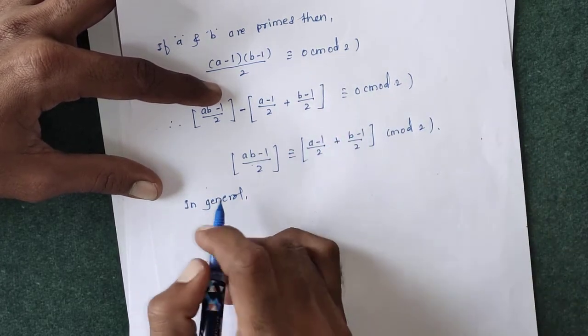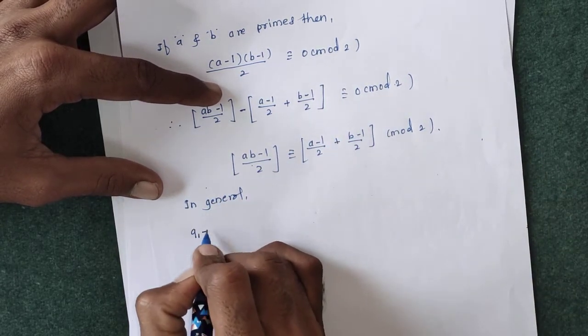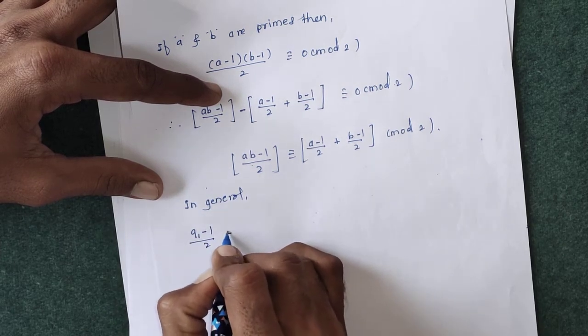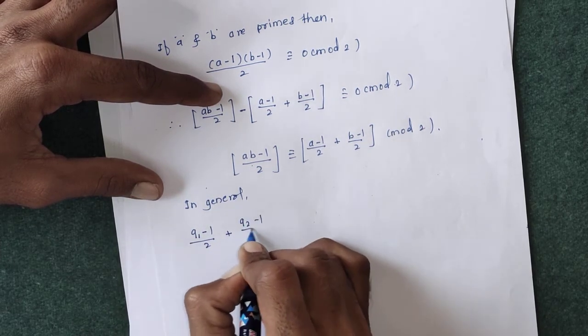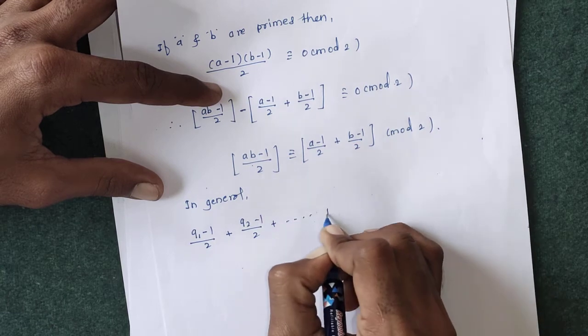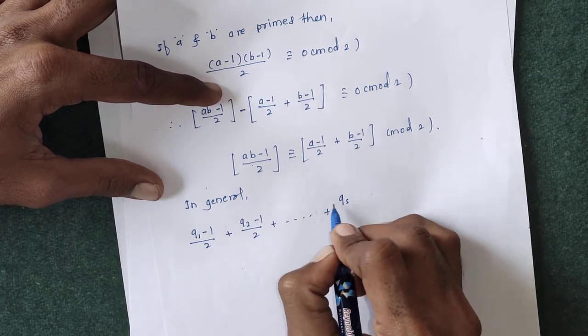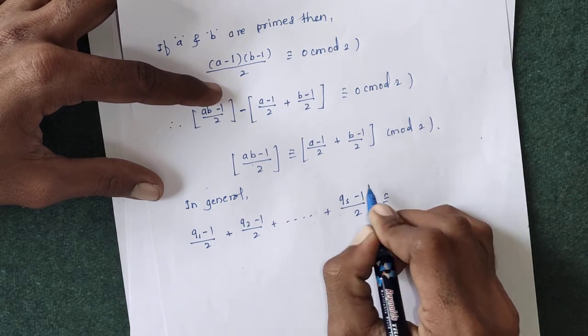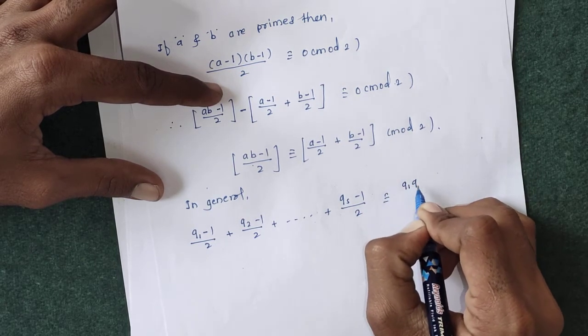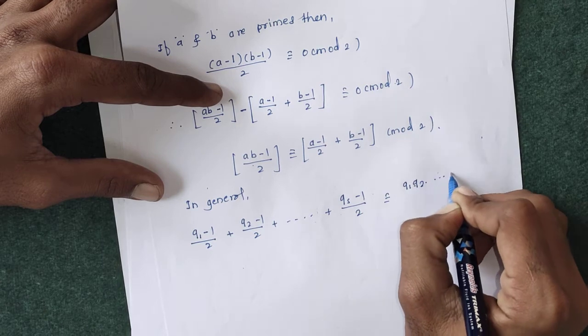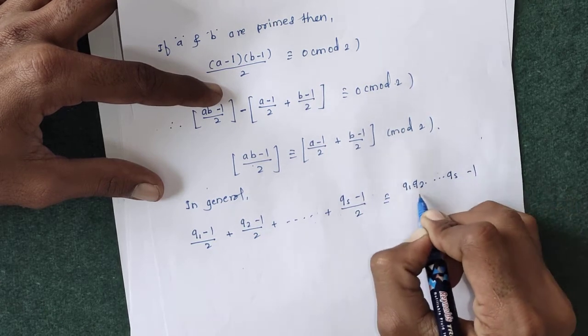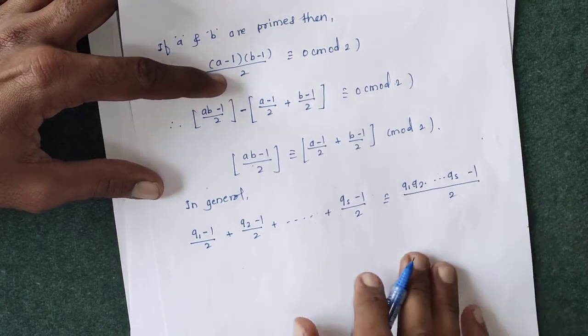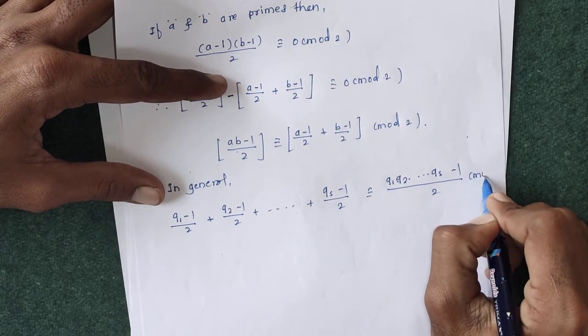Using this generalization, we can write (Q1−1)/2 + (Q2−1)/2 + ... + (Qs−1)/2 is congruent to (Q1·Q2···Qs − 1)/2 under modulo 2.